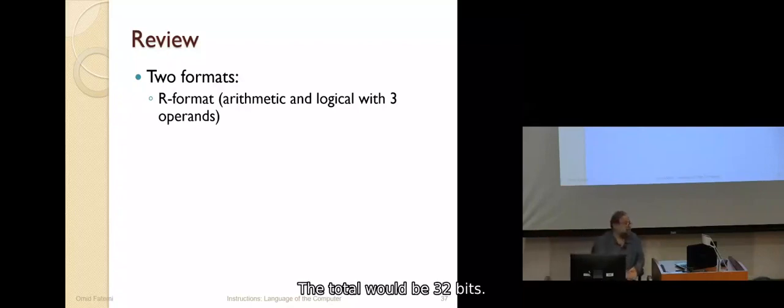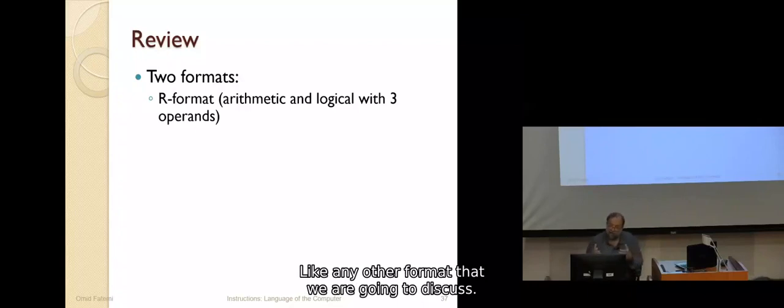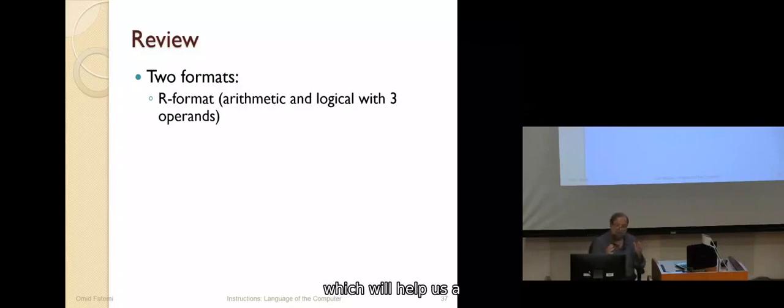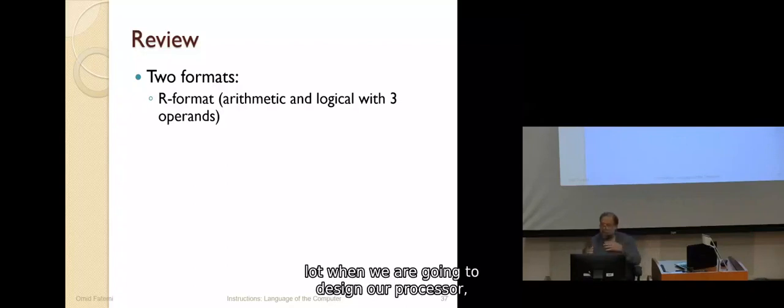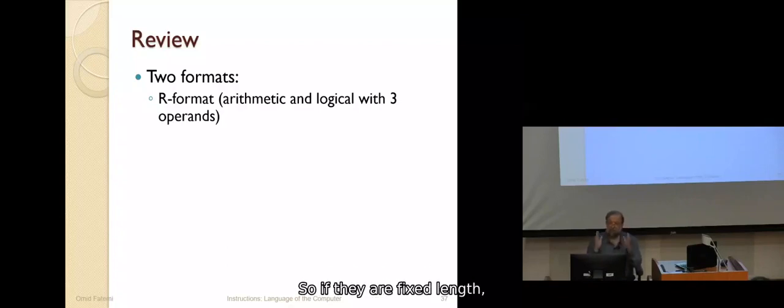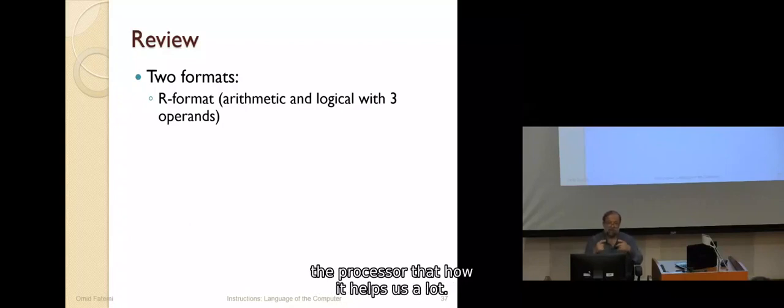The total would be 32 bits, like any other format that we are going to discuss. The idea was to make it a fixed length instruction, which will help us a lot when we are going to design our processor, because the processor should be able to decode the instructions and to execute them. So if they are fixed length, you will see later when we design the processor how it helps us a lot.